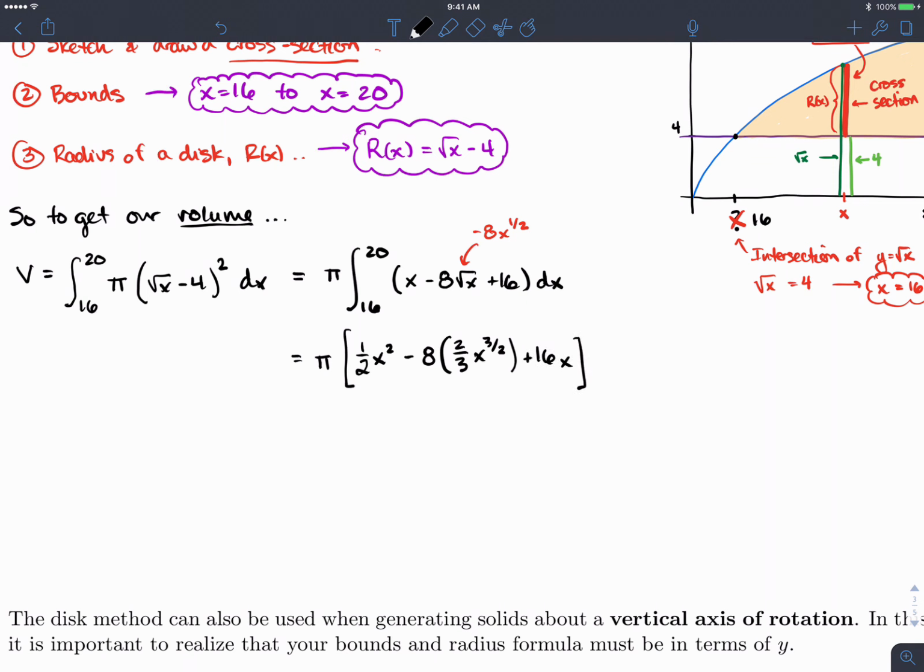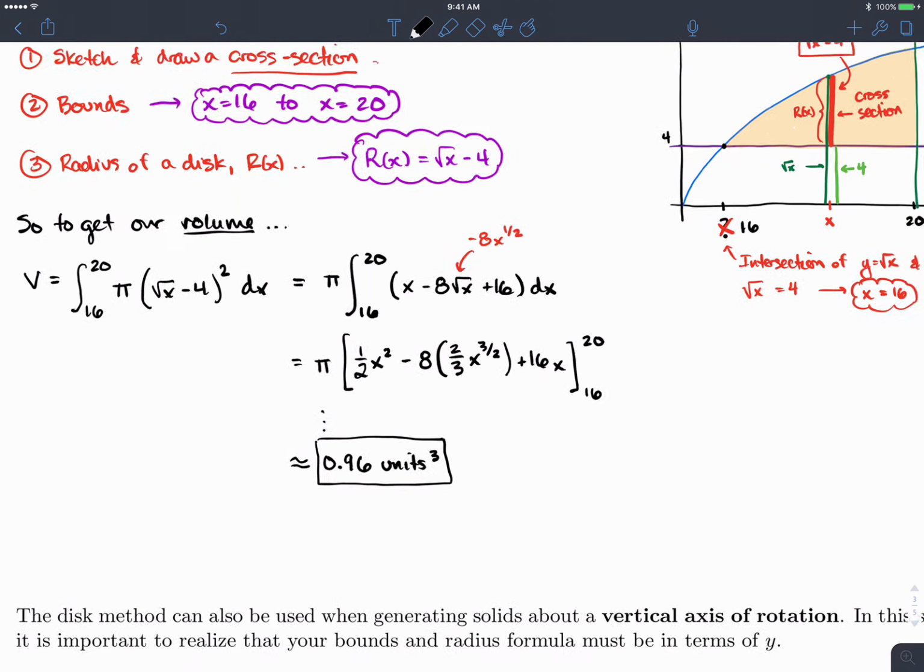So all we did there is we took the antiderivative, and now we're going to evaluate that from 16 to 20. This one doesn't work out particularly nicely. You're probably going to need your calculator for this, but in the end, I'll let you check that calculation, we end up with something that's approximately 0.96 cubic units. And that would be an approximation of our answer.